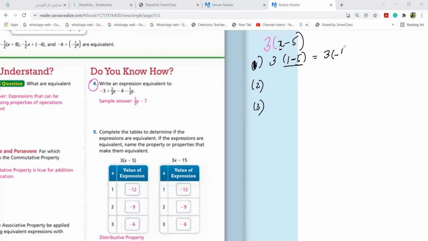Minus? 1 minus 5. Please do it again. Rital, 1 minute. 1 minus 5. How much it is? Minus?